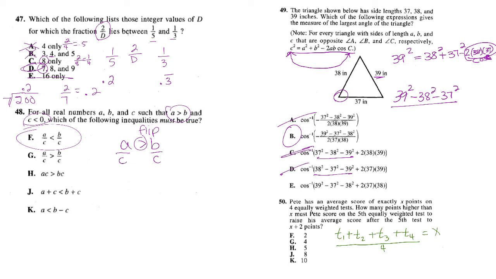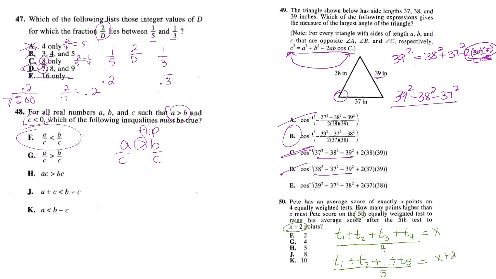So he wants to make on the 5th test an average of X plus 2 higher. So I'm going to add another test to this. So test 1 plus test 2 all the way out to test 5, and that's divided by 5, and I want that to be 2 points higher.